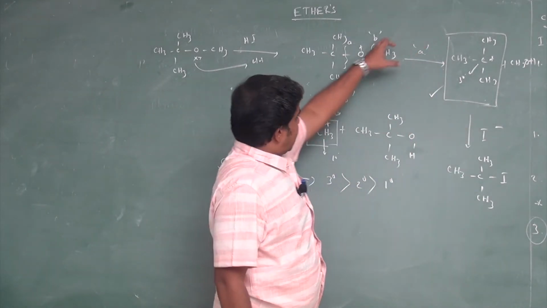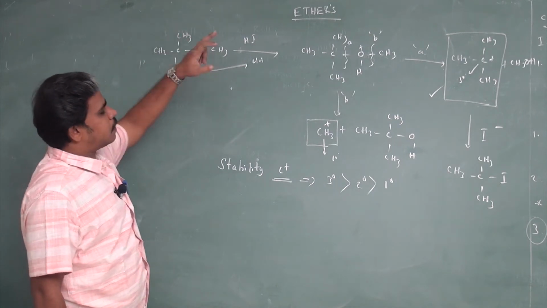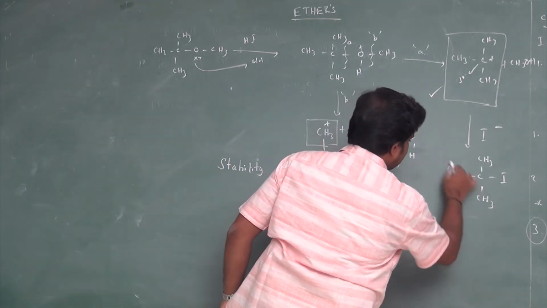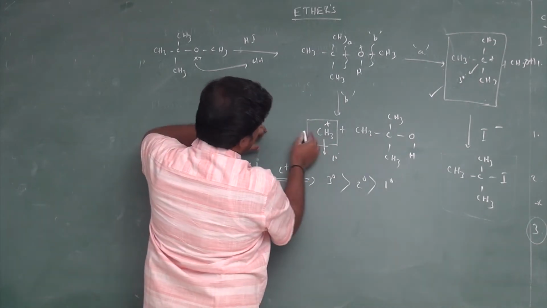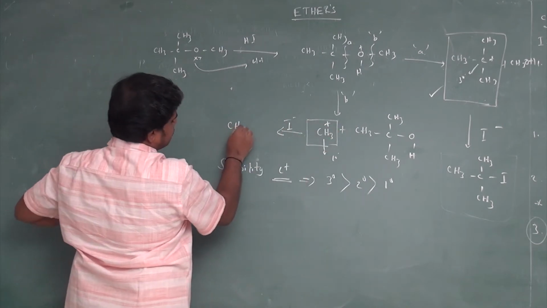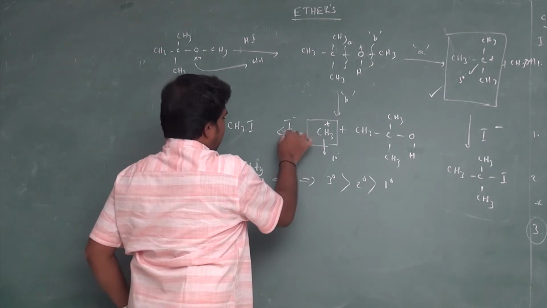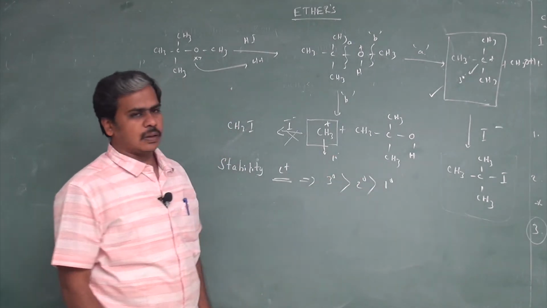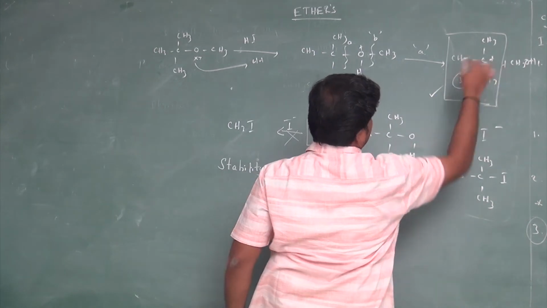When an ether contains a tertiary alkyl group and a primary alkyl group, the product is tertiary butyl iodide. Now, on reaction with iodide, we would get CH3I. But here it is not easily possible because the primary carbocation is less stable than the tertiary carbocation.